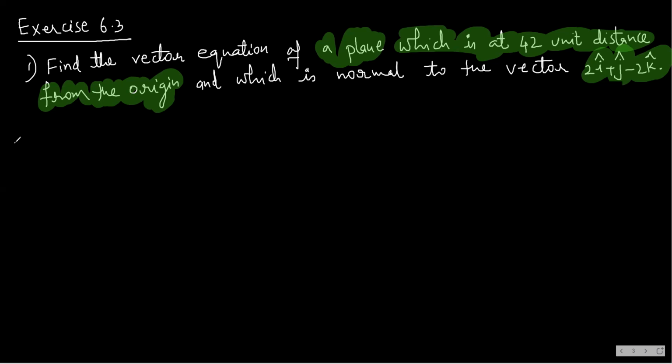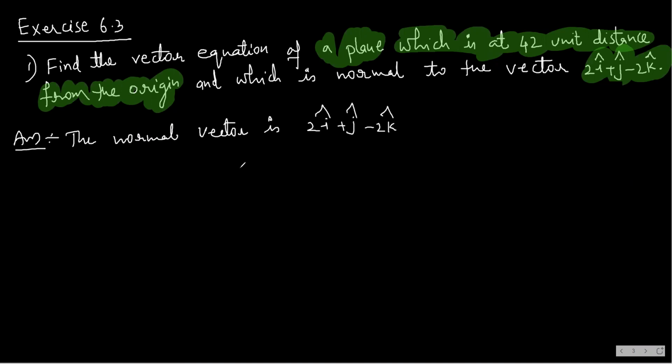I will write here, see the answer. The normal vector is 2i cap plus j cap minus 2k cap. Okay, I write this as n bar. This is the normal vector. Let n bar equal 2i cap plus j cap minus 2k cap.